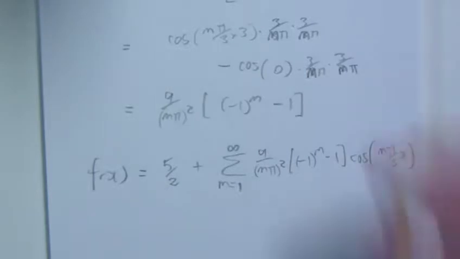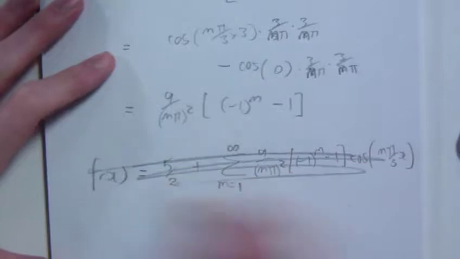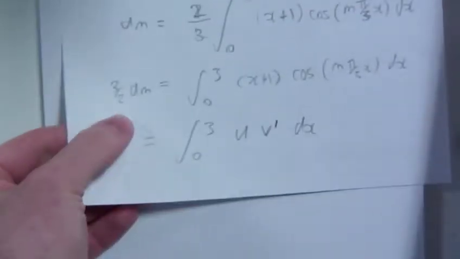Because this is my, oh crap. Sorry, I can't be bothered rubbing that out, I'm just going to cross it out. That's not A_m, it's 3 on 2 A_m.